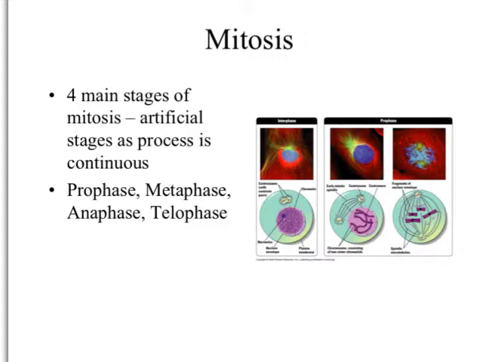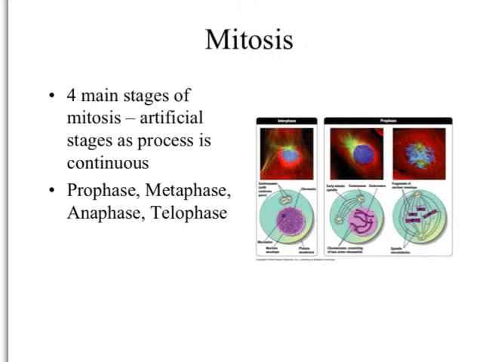And these are kind of man-made artificial stages in a sense, because this is basically a continuous process. But you can look in the microscope at different cells dividing and see these different stages, and say, okay, here's where they're all lined up, here's where they're separating, and stuff like that.